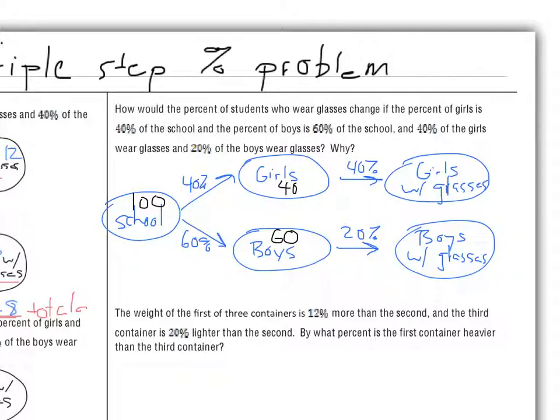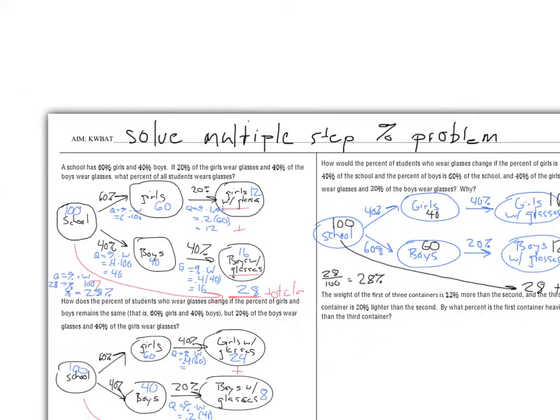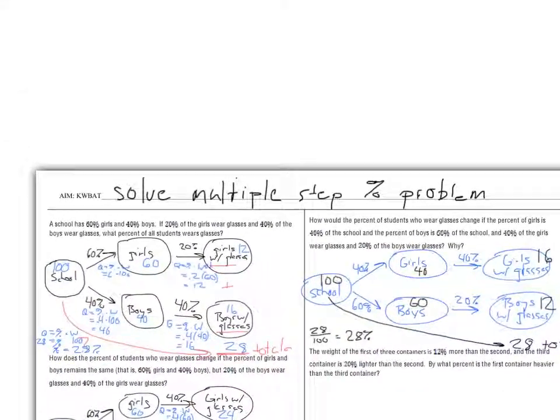Percent times whole, this is going to give me 16 girls with glasses, and this is going to give me 12 boys with glasses, and this gives me a total of 28, which, going back, that's 28 out of our 100, which is 28%.